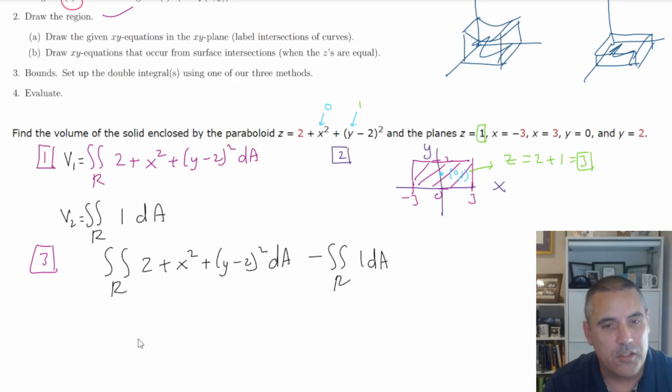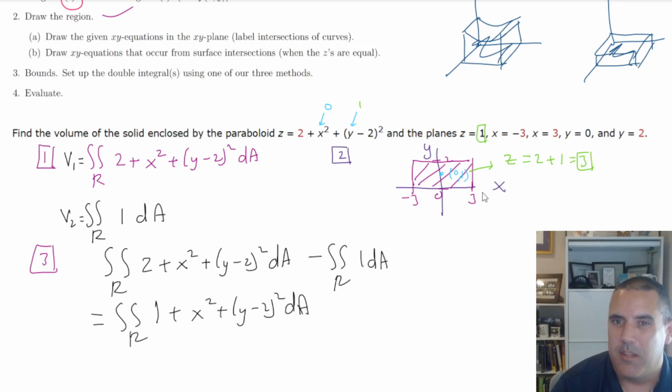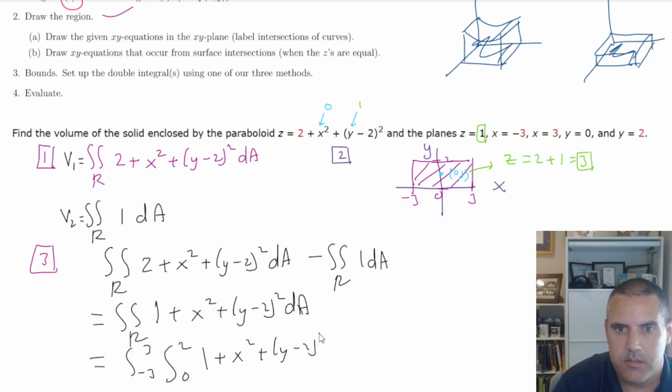Or if you want, you can put them together. In this case, that's somewhat advantageous because you can do 2 minus 1 is 1. It's a little less computation. Then you can give the bounds however you want to do it. How about -3 to 3 and 0 to 2, 1 plus x squared, y minus 2 squared.